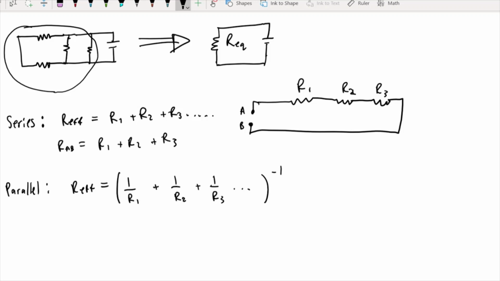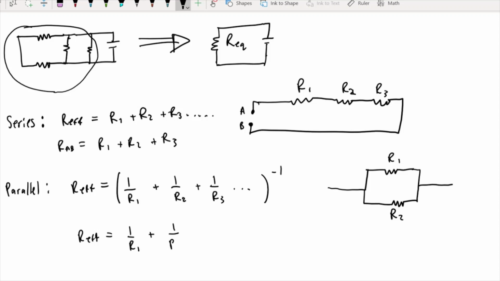So, if I have a simple circuit like this, a parallel combination like that, R1 and R2, the R effective here would equal 1 over R1 plus 1 over R2, all raised to the -1.